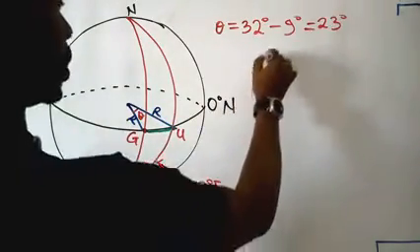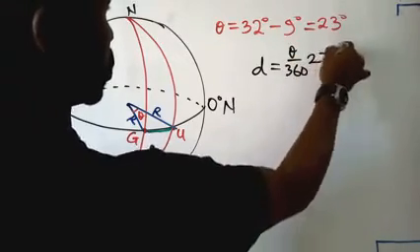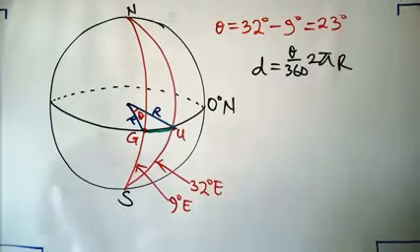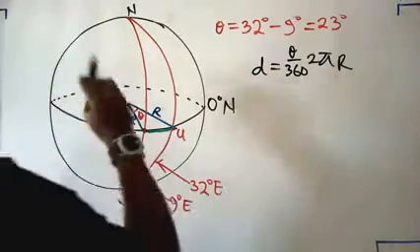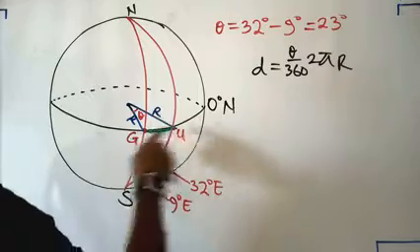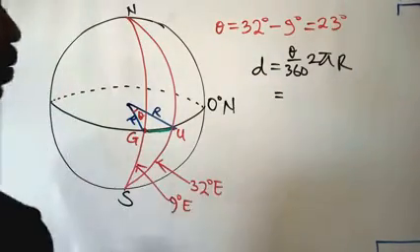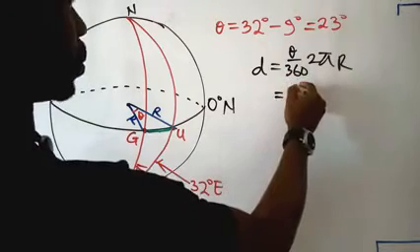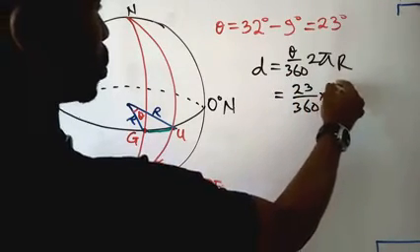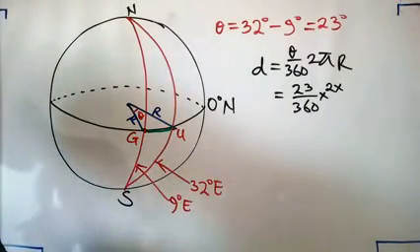So the formula will be distance equals theta over 360 times 2 pi r. Something about this topic is that you need to know the formula that goes with every kind of question. So for the distance between 2 points on the great circle, you use this formula and simply substitute the values. You have 23 over 360 times 2 times pi.